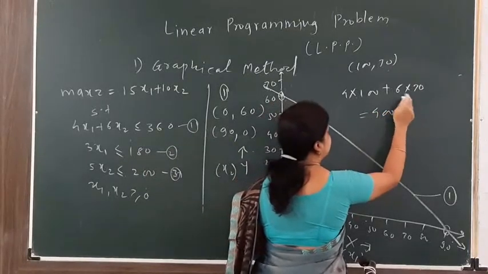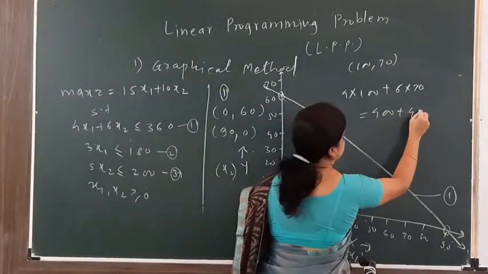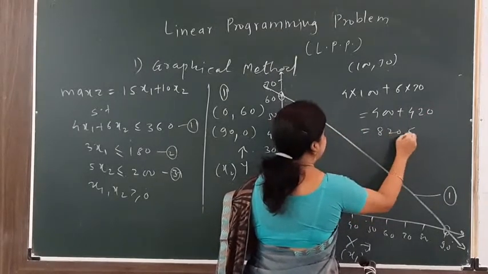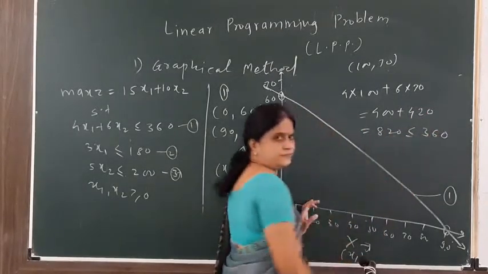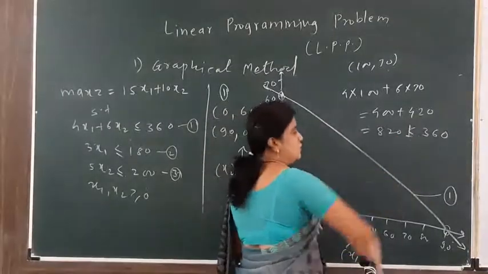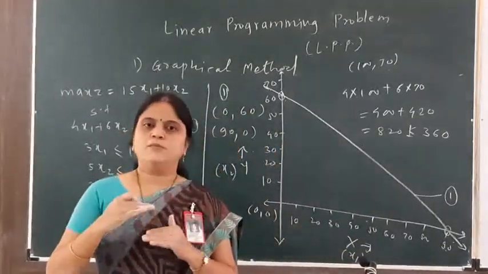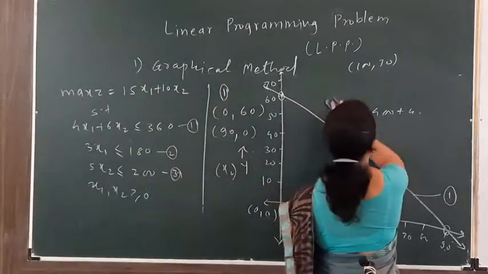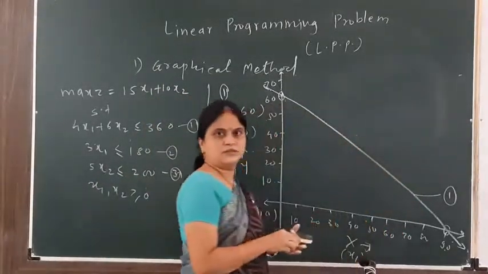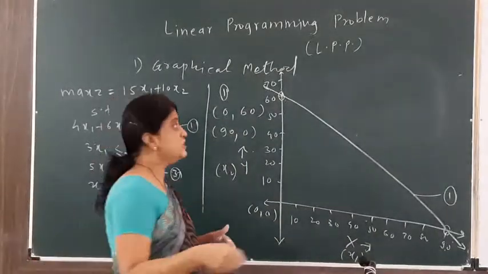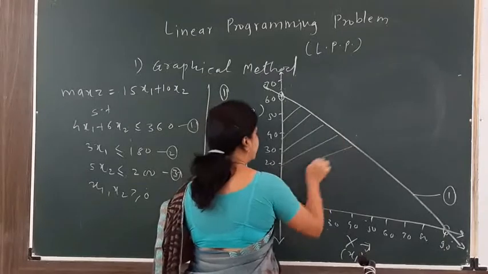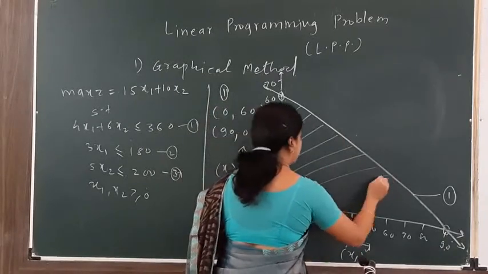See, 400 plus 420. So it is 820. So whether it is less than or equal to 360? No, it is not. So since it is not, the region above the line is not there. So the region is below the line. So my region is this for my first equation. Okay.